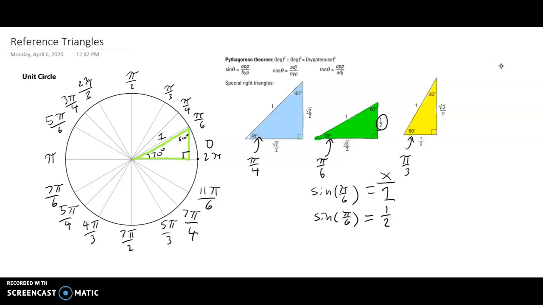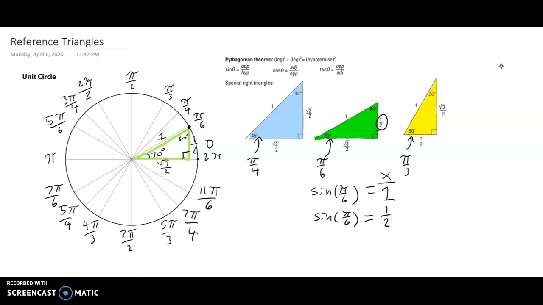But the reason that's helpful is because that tells me the length of this side of this triangle is 1/2, and I would use cosine instead of sine and do the same process to find the length of this leg, which is square root of 3 over 2. So that's helpful because now I know the coordinates of this point right here at pi over 6: the x coordinate is square root of 3 over 2, or the cosine of pi over 6, and the y coordinate is 1/2, or the sine of pi over 6.